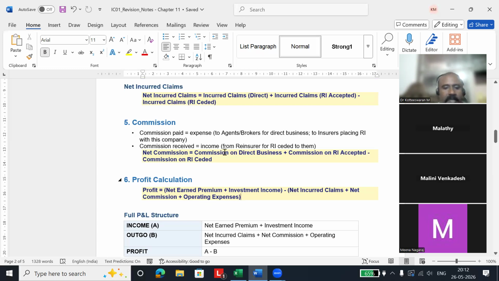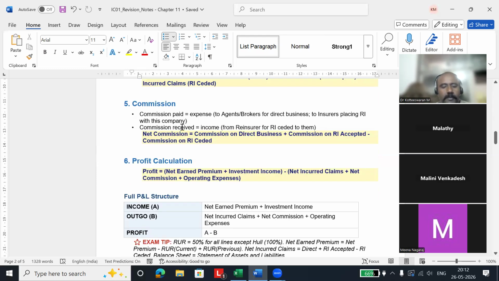One component we have not seen yet, that is called commission. So commissions are paid to the brokers. So commissions are expenses to us. So any expenses we are going to minus. There are also commissions which we will receive.